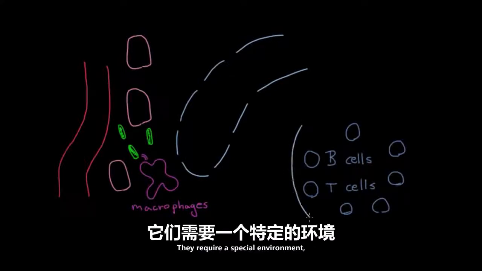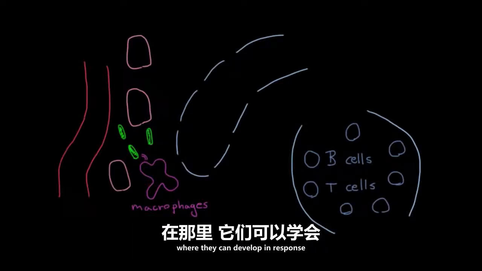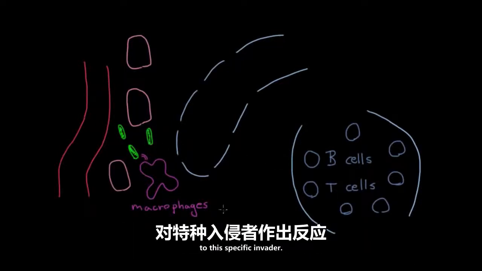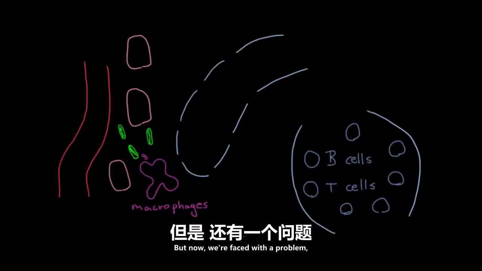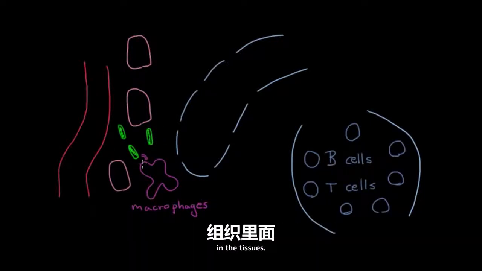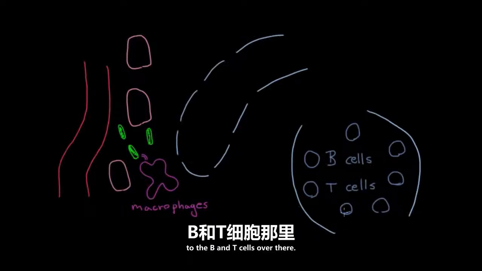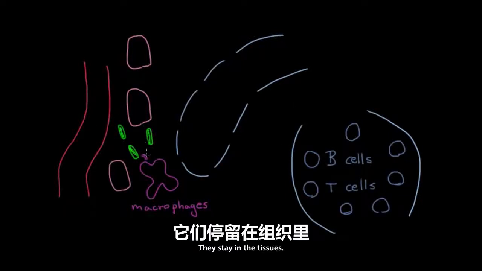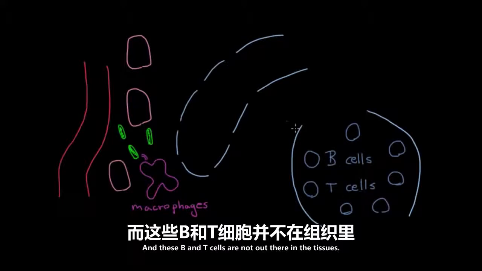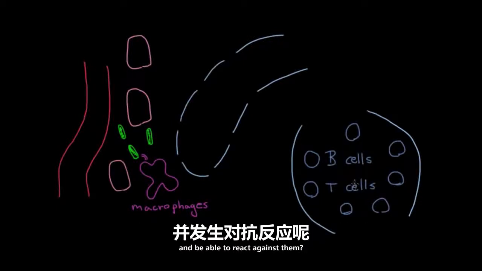They require a special environment, which we can draw out here, which is kind of like a training camp where they can develop in response to the specific invader. But now we're faced with the problem, because we've already said that these bacteria stay here in the tissues. They're not swept into the blood and then carried to the B and T cells over there. They stay in the tissues. And these B and T cells are not out there in the tissues. So how can we get these B and T cells to see these bacteria and be able to react against them?